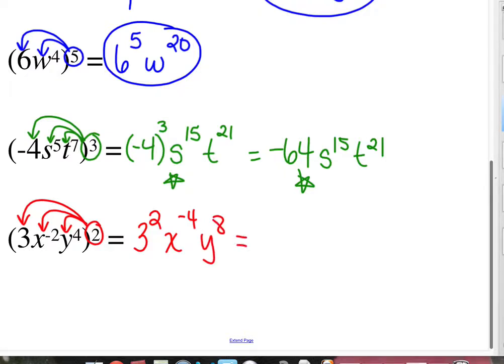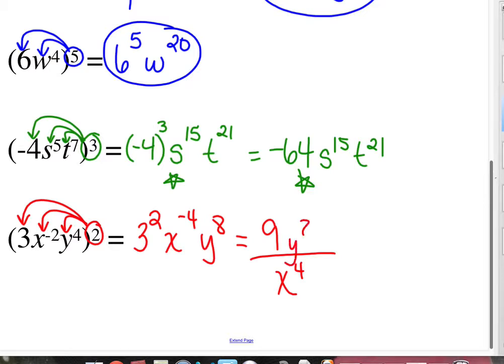What can I solve? Well, what's 3 to the 2nd power? It's not 6, it's 9. What would you suggest I do with x to the negative 4? How about this? Send him to the basement for his attitude adjustment, right? So that he can become x to the positive 4. What about y to the 8th?